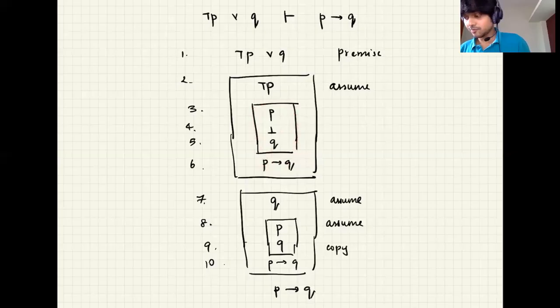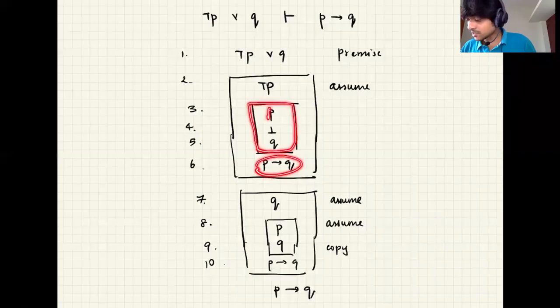You understand? See, we are inside the context of not P. Now inside this not P, I want to derive P implies Q. If I want to do that, I will have to open a box and start with P and see if I get Q. This is what is going on here. So I started with P. Since I'm in this context, I get bot.